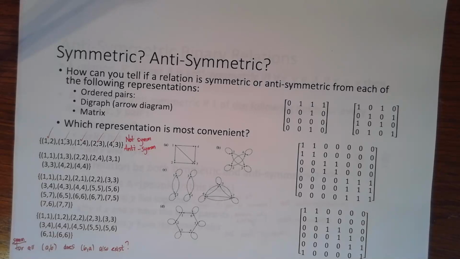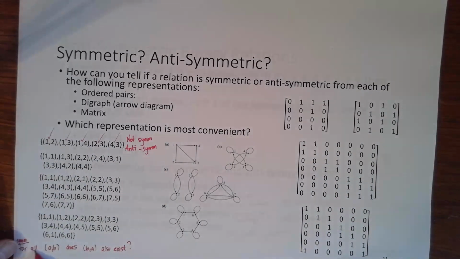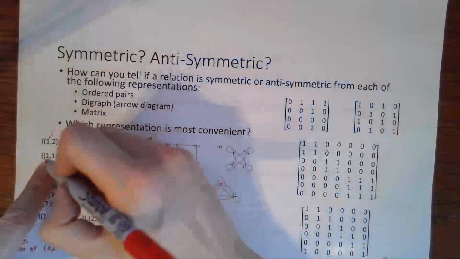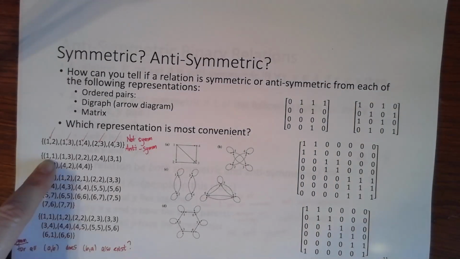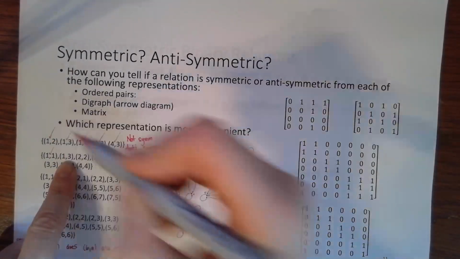So, symmetric. If 1, 1 exists, then 1, 1 exists. For all of the ones that are self loops, that's going to work out. All right, 1, 1 is there. I'll do this in red.